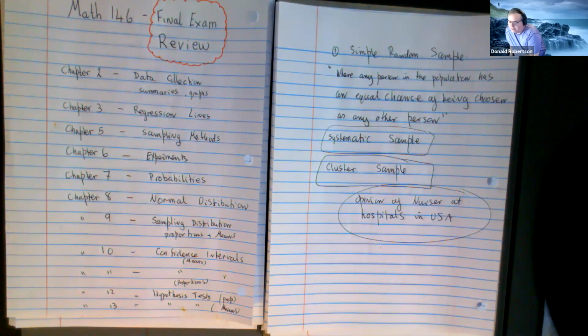And I want to know their opinion on euthanasia, and I want to use a technique called cluster sample. I could do it in what way? Can I randomly pick 5 hospitals in America, and then just go to each of those hospitals, the clusters, and ask every nurse in it? That would be one way to do it.